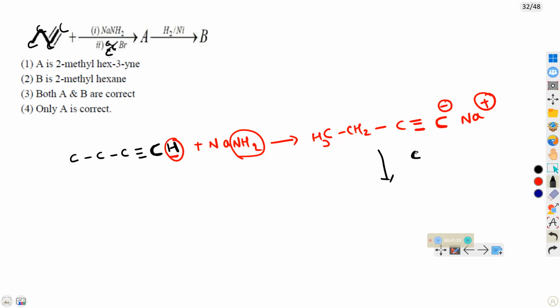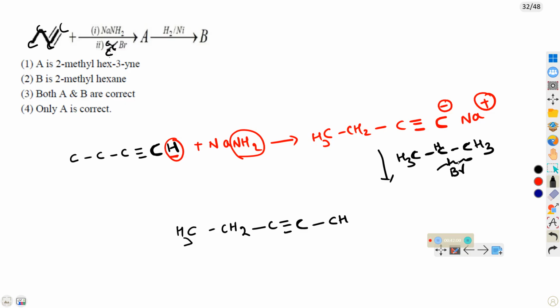Isopropyl bromide reacts, then it gives CH3CH2C≡C-CH, removing NaBr. The CH contains two CH3 groups: CH, CH3, CH3.